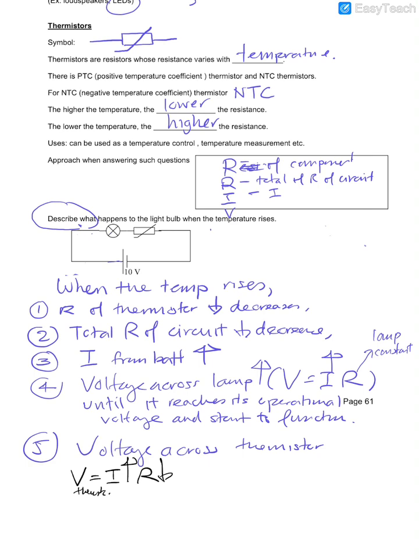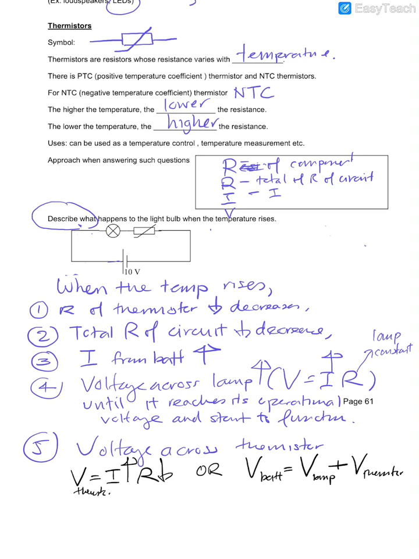So when the formula doesn't work, when V equals IR doesn't work, then how? Think about what? Think about the relationship. The relationship is: voltage across the battery equals voltage of the lamp plus the voltage of the thermistor. Right?